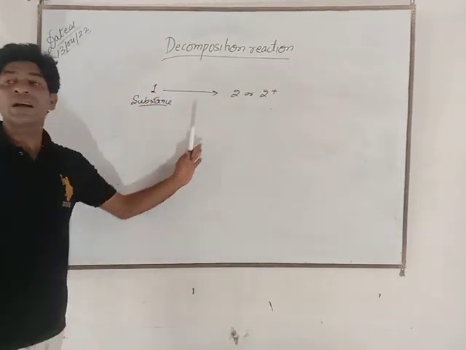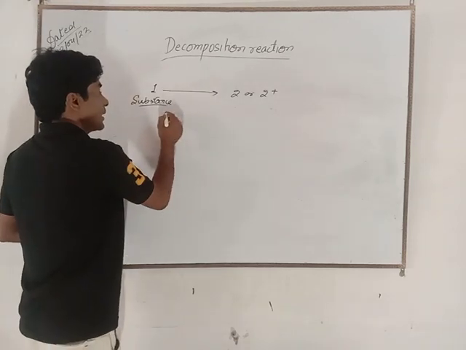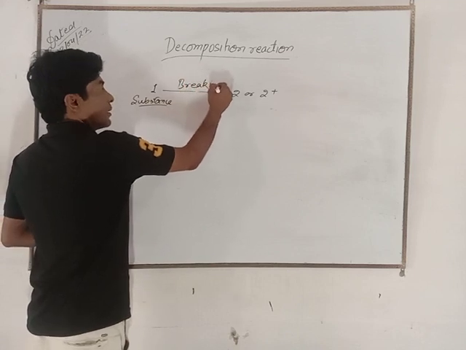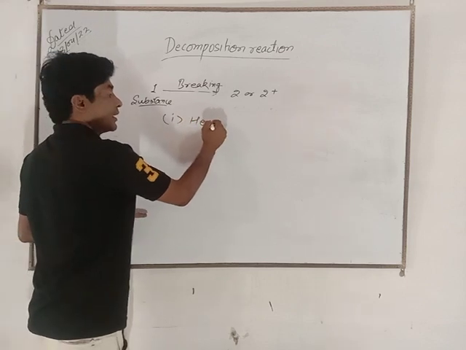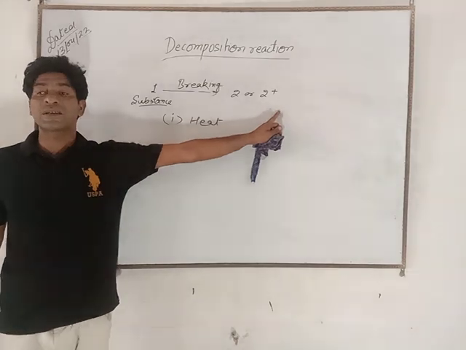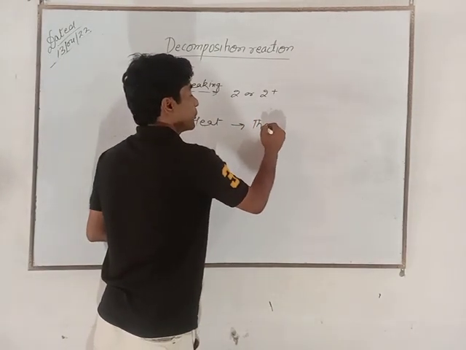Then decomposition has several types. Suppose here the breaking agent can be heat. If this single substance is broken into 2 or 2 plus products and it is done by heat, this is known as thermal decomposition.